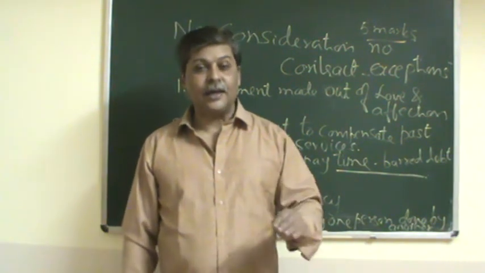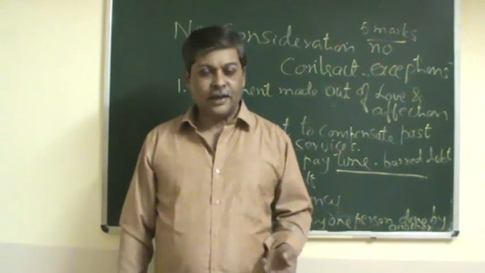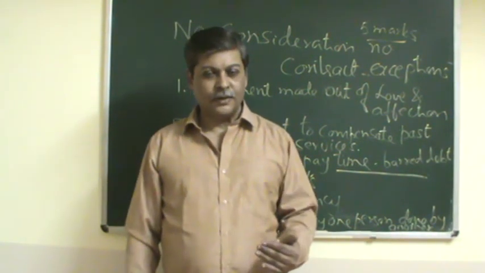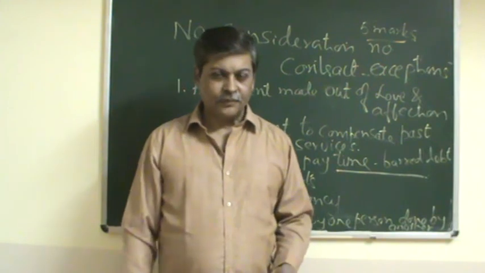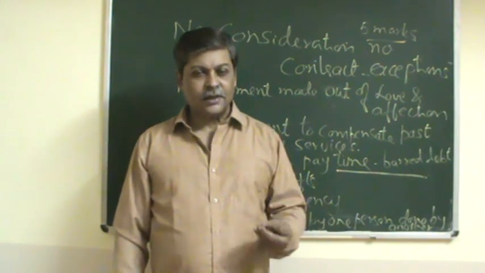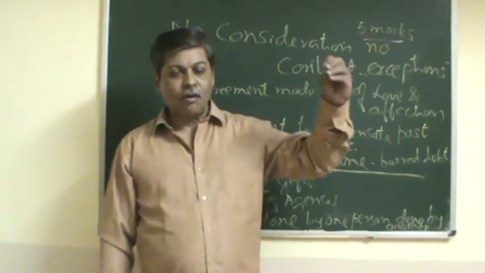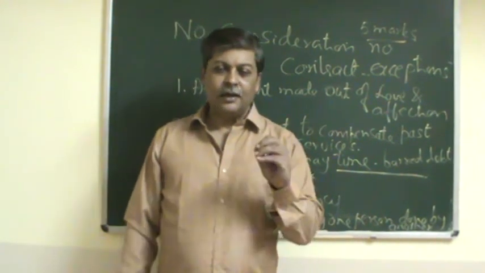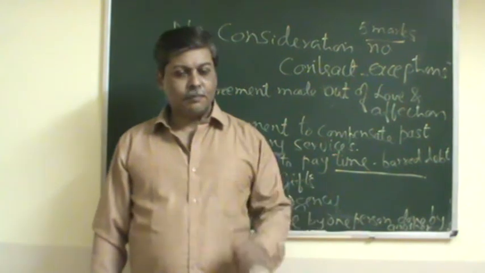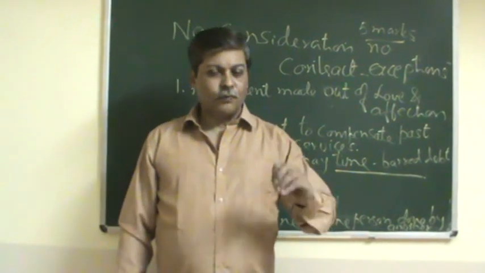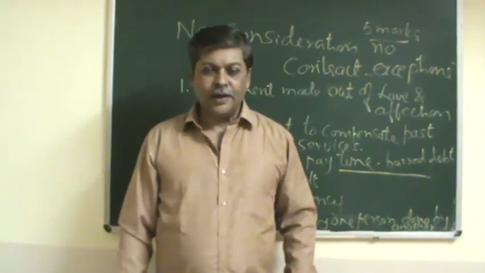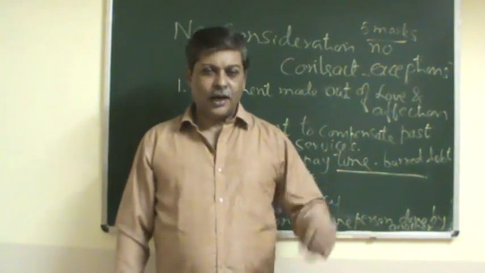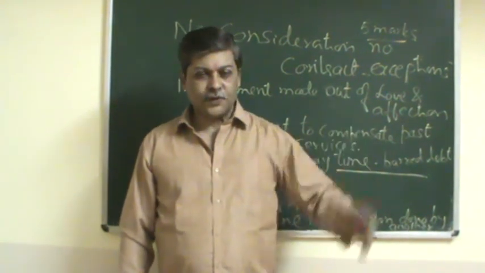For example, A has taken a lease of B's house for 5 years, and the lease amount is paid every year. So A has paid the 1 year lease amount, and B is out of station.